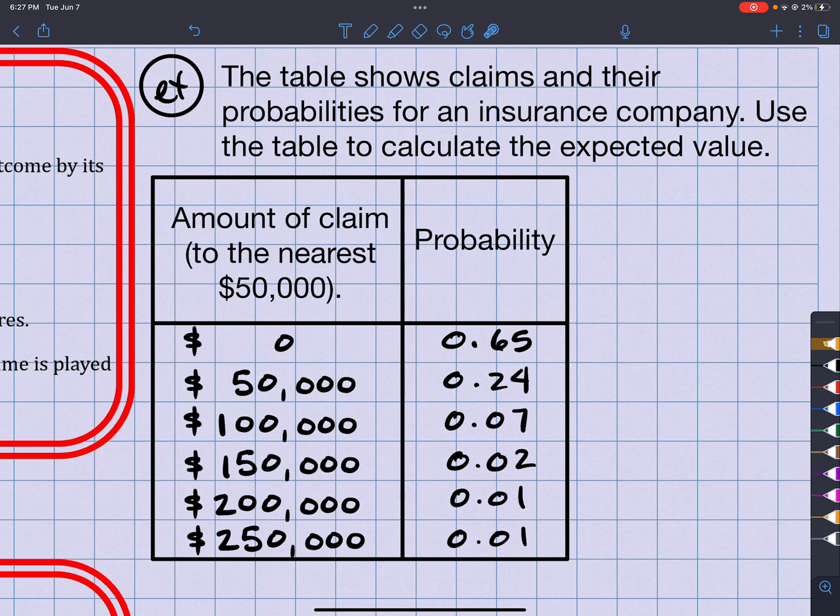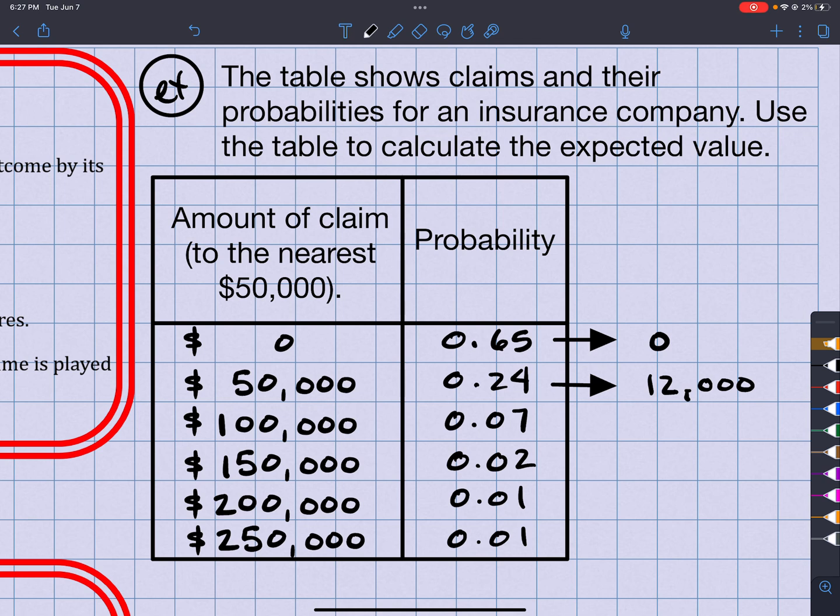So I'll have here, this is 0 times 0.65, and that's going to be just 0. Here, it's going to be 50,000 times the 0.24, and that's going to be 12,000.